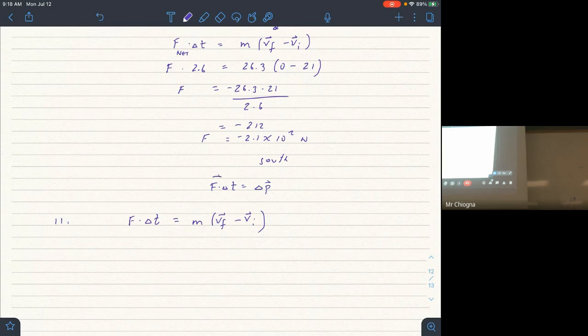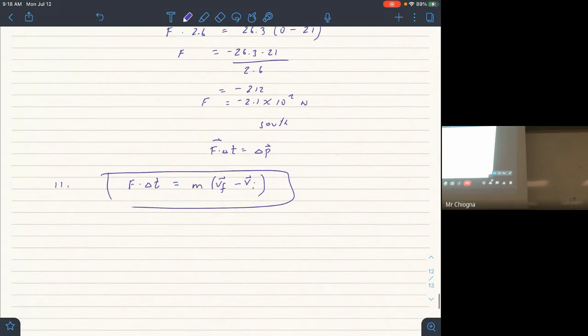You have to realize it's this equation here that I wrote down. Change the right side, expand it. From rest means VI is 0.